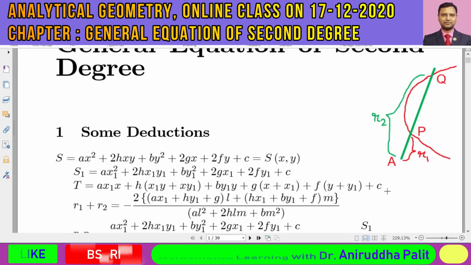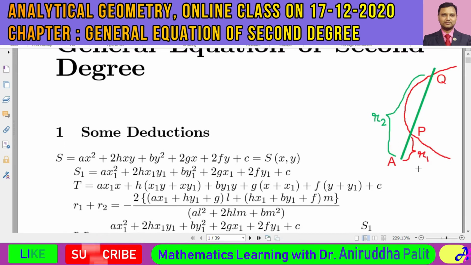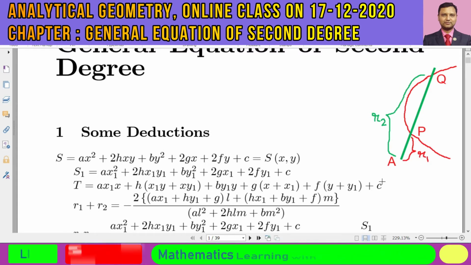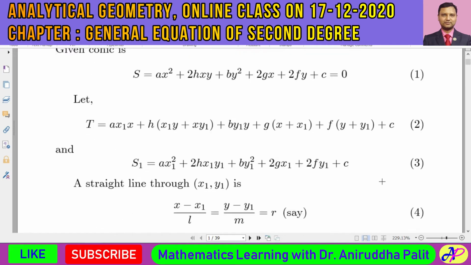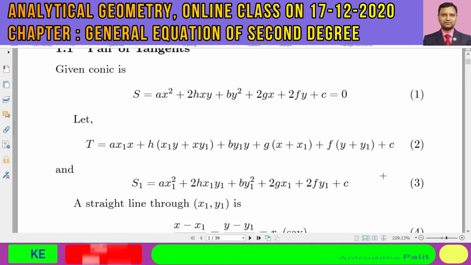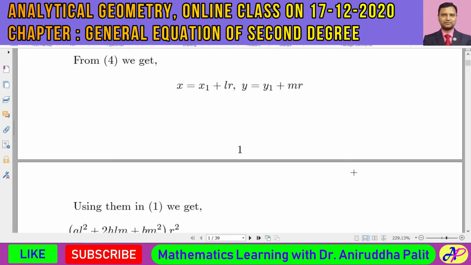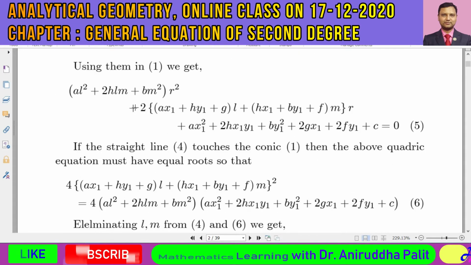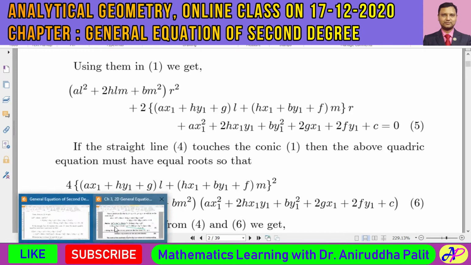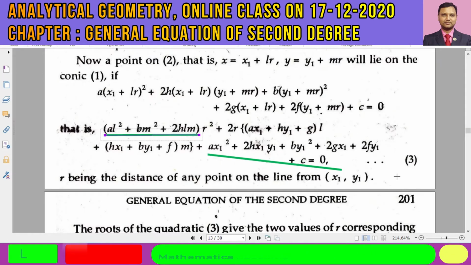Now, if we get any tangent, in that case, of course, R1 must be equal to R2. So in that case, if R1 becomes equal to R2, this is the equation that we deduced over here. This is the equation number 3.